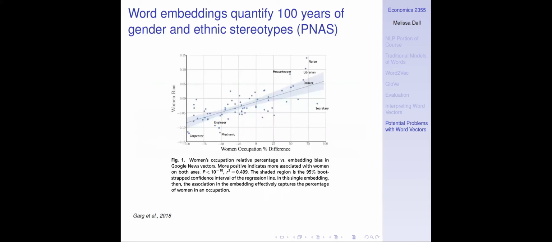Okay. One of, I think, the best papers on bias and word embeddings is a PNAS paper by a group at Stanford called Word Embeddings Quantify 100 Years of Gender and Ethnic Stereotypes. The general idea in this paper is that they take several different corpuses. They take Google News to get a modern corpus, I think mostly post-2012 or so news content.